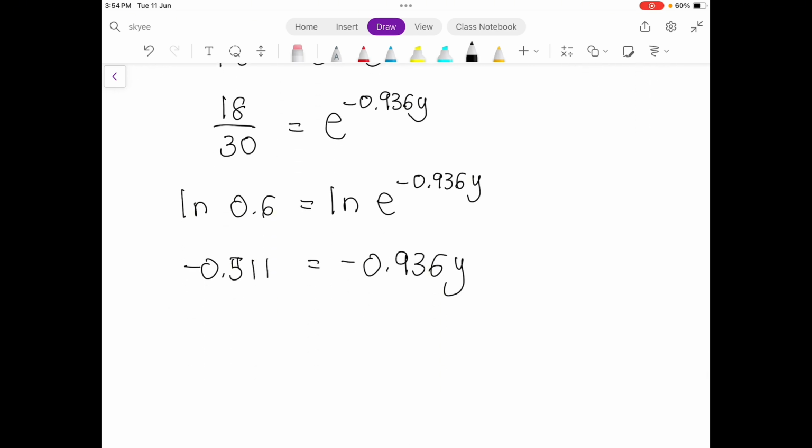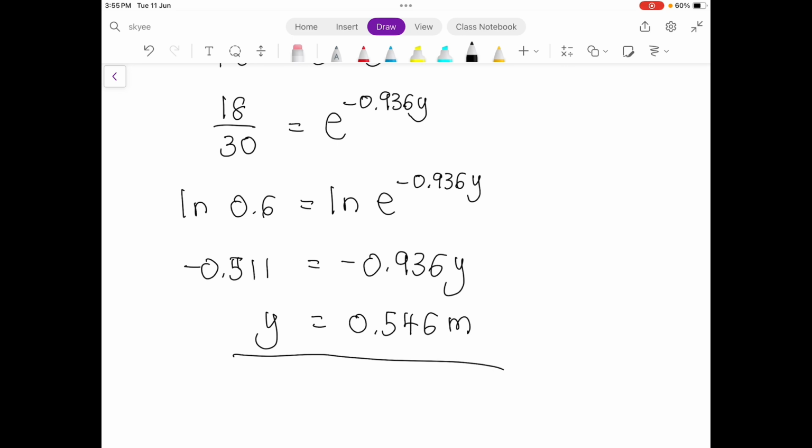So we can calculate y now, 0.546 meter. So after the wave travels 0.546 meter, its amplitude will become 18.